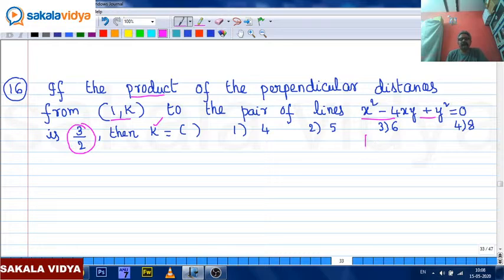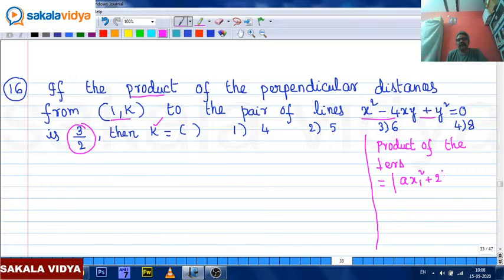So product of the perpendiculars is mod of ax1 square plus 2hx1y1 plus by1 square by root over (a minus b) whole square plus 4h square.